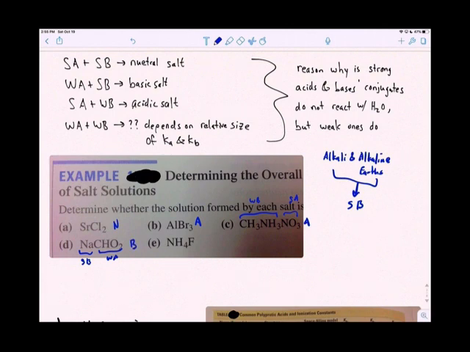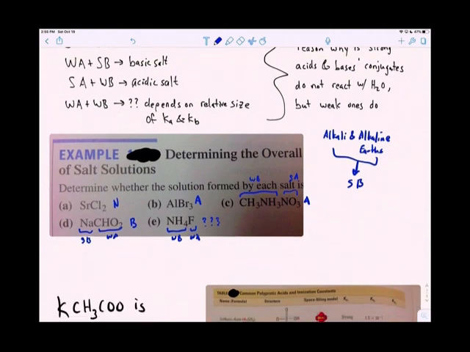And now, for ammonium fluoride, you can't tell off the top because you have a weak base and a weak acid. So you have to look at the different strengths of these.